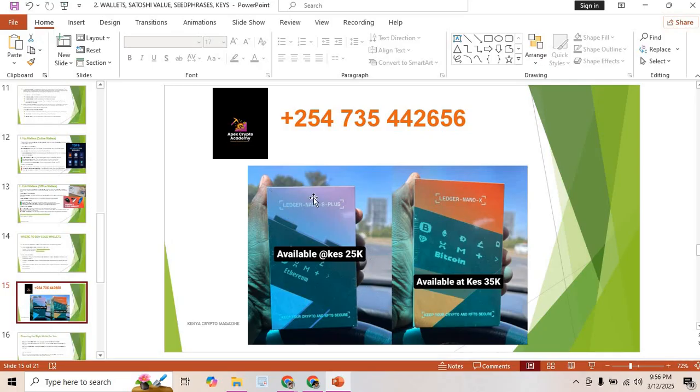There are two types of Ledger wallets. You have the Ledger Nano S Plus at 25,000 Kenya shillings, and you have the Ledger Nano X. Someone will ask why the difference in prices. This is because the Ledger Nano S Plus is only cable connected, via Type C. Have you seen that Type C port from the video? Thumbs up.